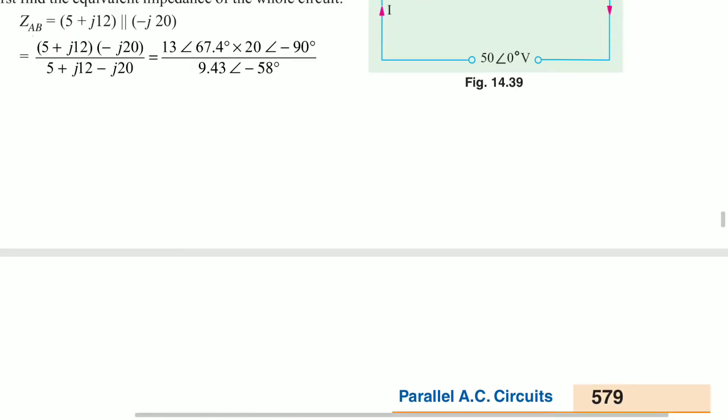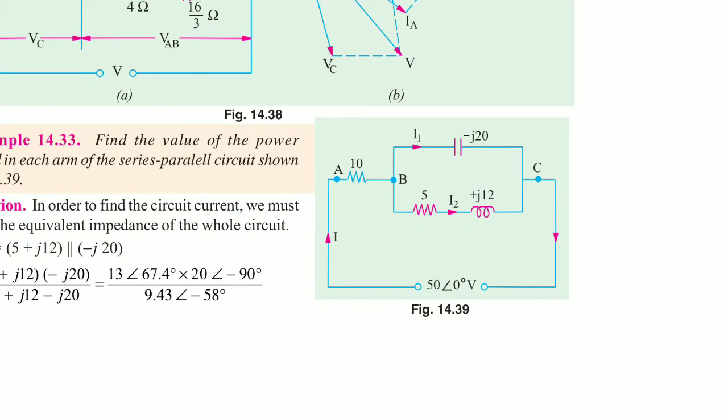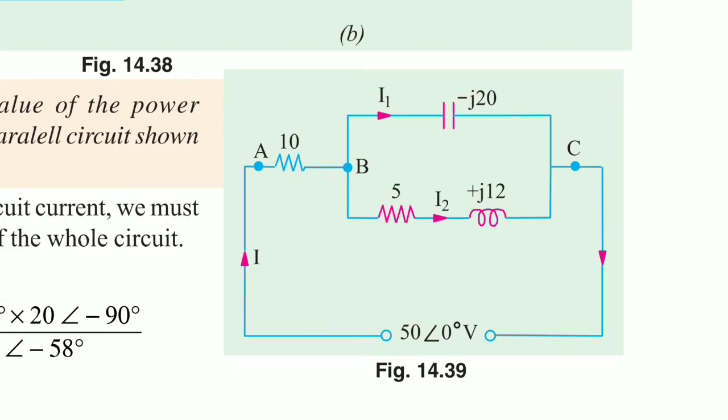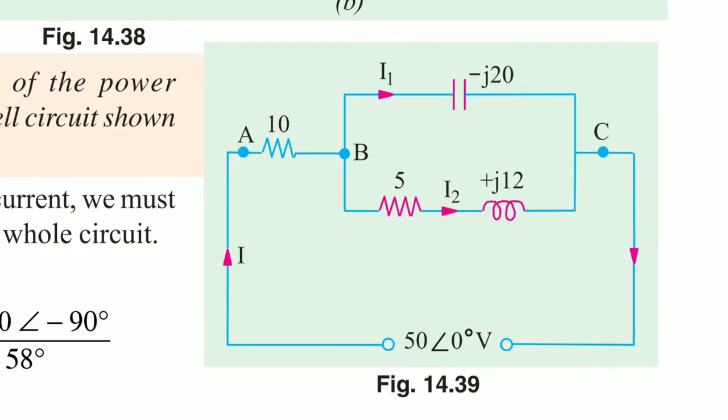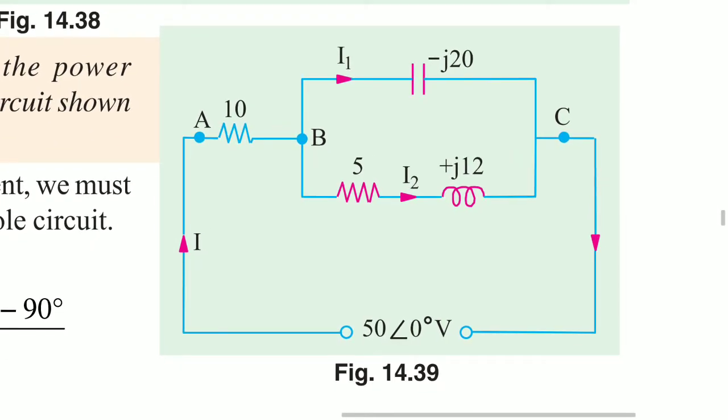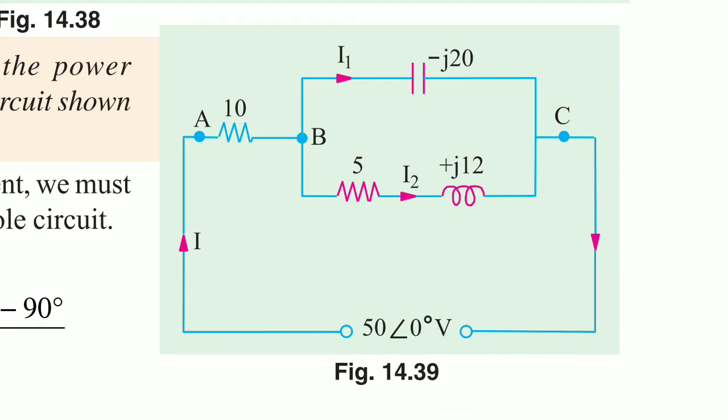In the circuit, why are we not finding the power of branch 1? In a capacitor, active power is not developed or drawn; only reactive power is developed. There is no resistance in branch 1, so we could not find the branch 1 power.